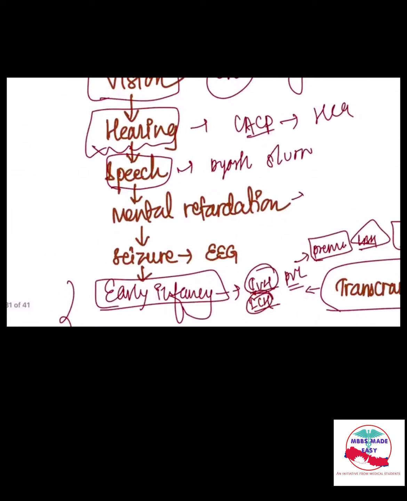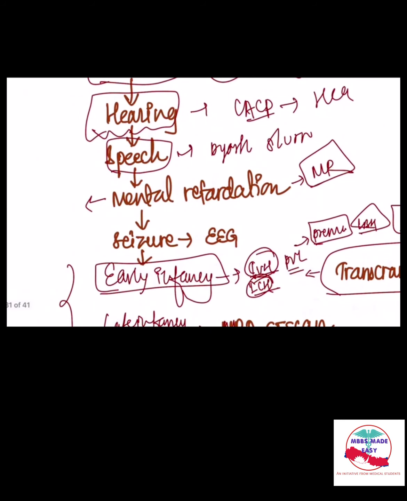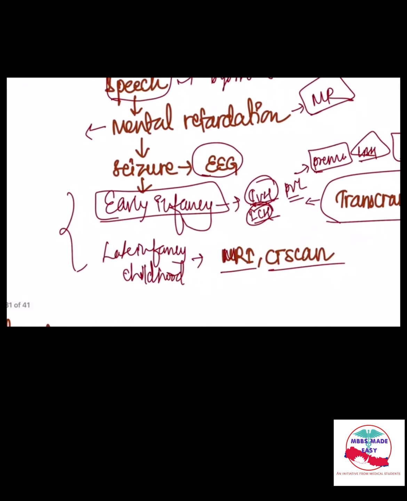Remember, the most severe forms of cerebral palsy are almost always associated with mental retardation, and hence assessment of intelligence is also important. Remember once again that severe forms of cerebral palsy are associated with refractory seizures, and hence EEG is important. And finally, to find out the pathological lesion within the brain, you need to do imaging.